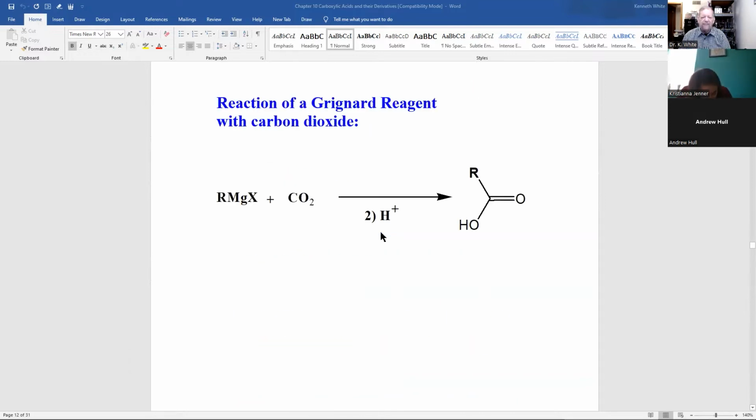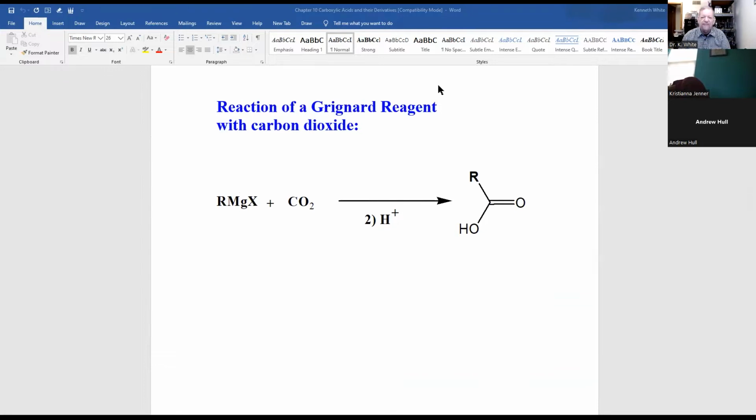All right. I believe we ended up, and I did one example, and let's do some more, so let's go back. It's always good to go back and look at the reaction of a Grignard reagent with carbon dioxide. It's a way of making carboxylic acids.